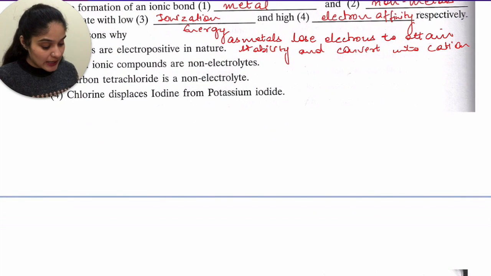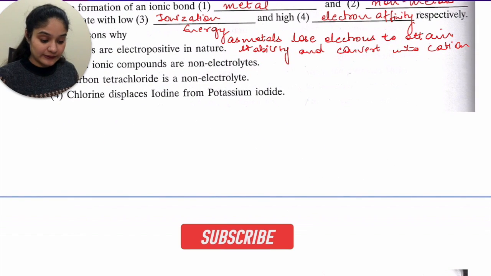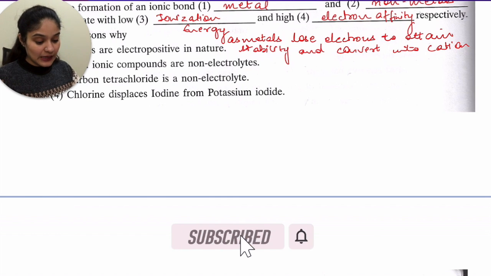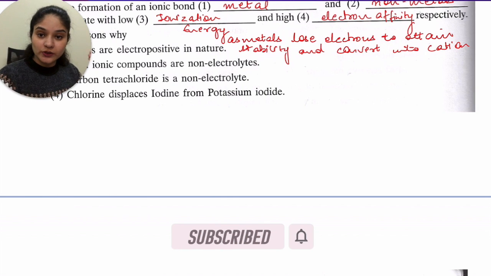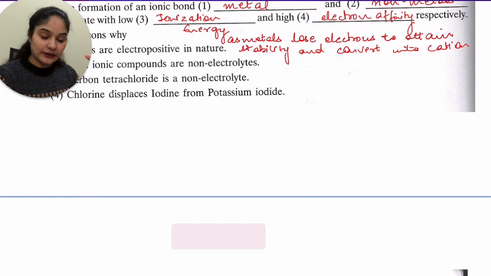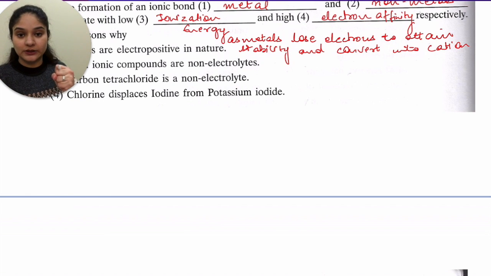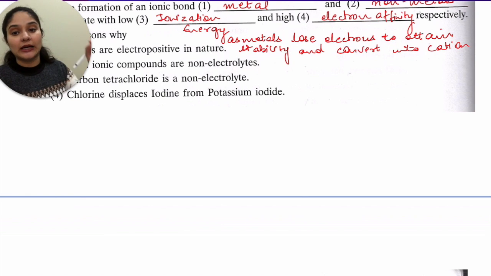Now, solid ionic compounds are non-electrolytes. In the solid state, ions are not free to move, and they are held by strong electrostatic forces, so you do not have any free ions moving around.